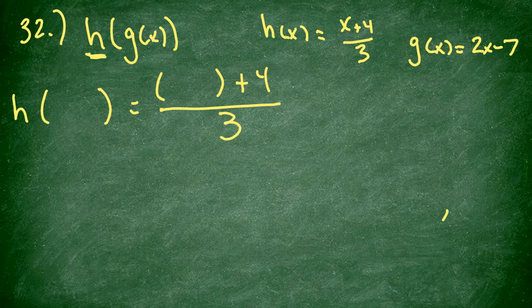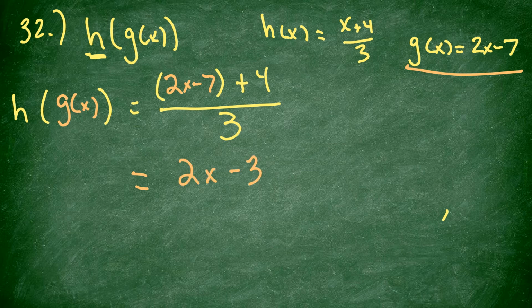Now I'm going to put in g of x. So if I put g of x in here, I'm going to put 2x minus 7 right here. Now I'm just going to simplify. 2x minus 7, can't do anything in there, so I do 2x minus 3 all over 3.